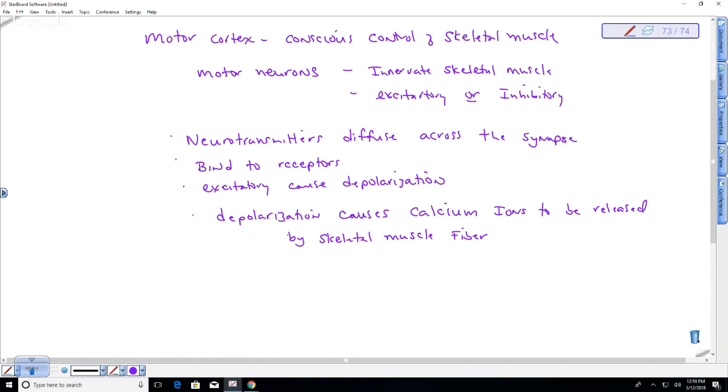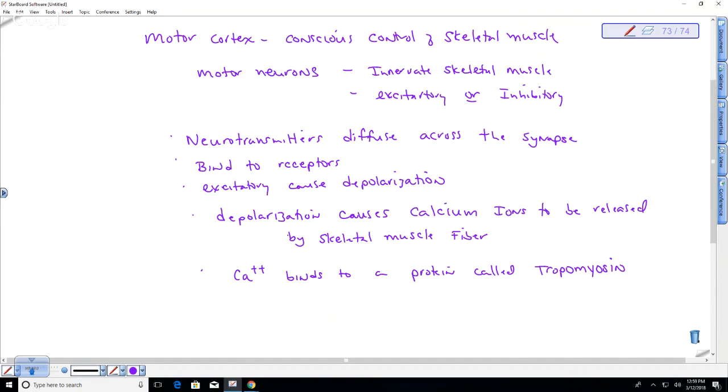Okay. So these calcium ions, which are positively charged ions, bind to a protein called tropomyosin. Tropo means upon.